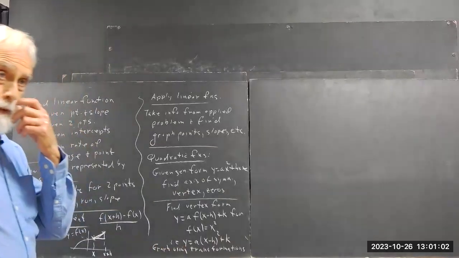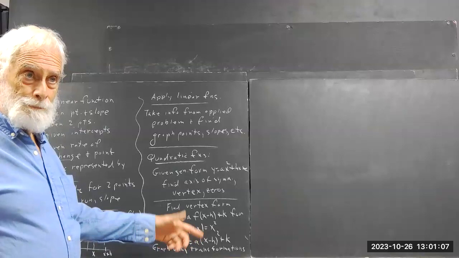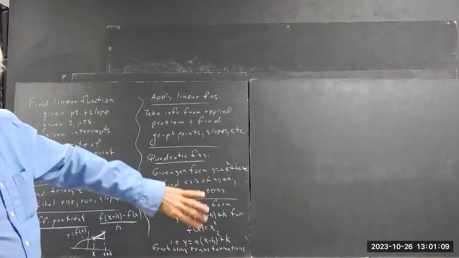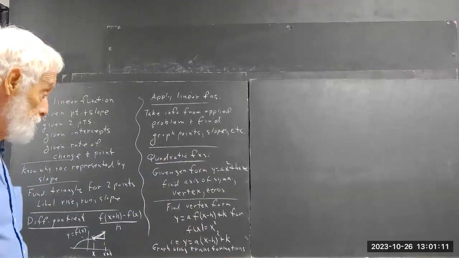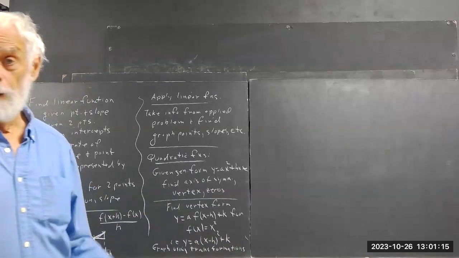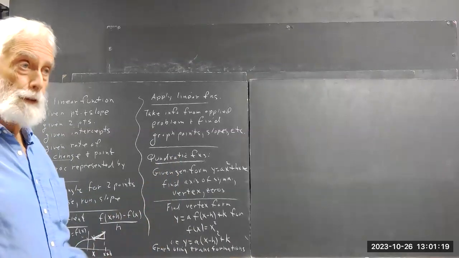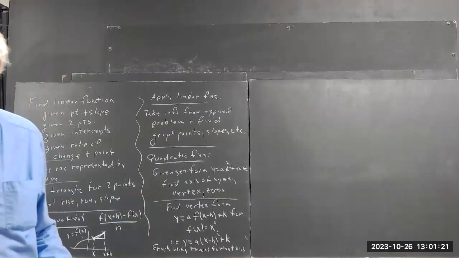Graph using transformations. Vertically stretch by factor A, which if it's negative also reflects over the x-axis. And then your red dot goes to the point (h, k). In other words, you horizontally shift h units and vertically shift k units.